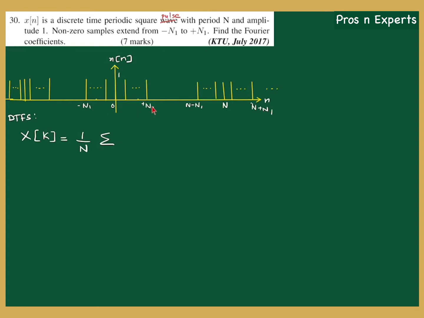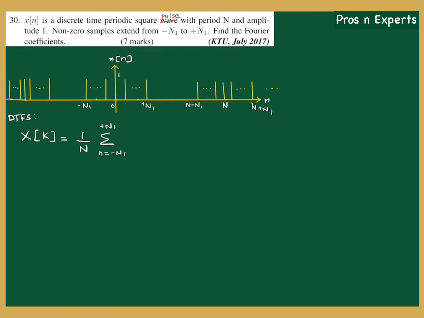This sample to this sample is 1 complete time period. So I am summating this signal from n equal to minus N1 to n equal to plus N1, x of n into e raised to minus j 2 pi kn by N.